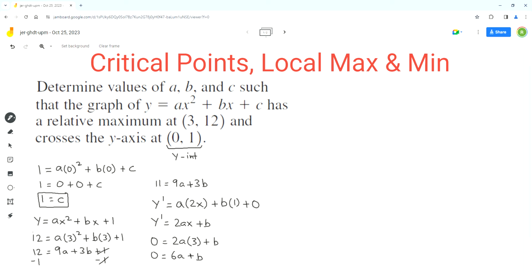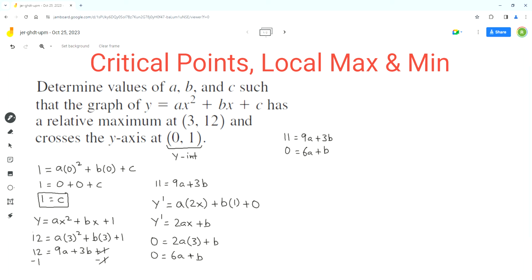So the first equation, 11 equals 9a plus 3b, and this second equation, 0 equals 6a plus b, form a linear system. And we can use the substitution method to solve this linear system to find the values of a and b.